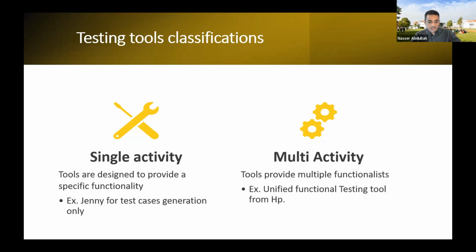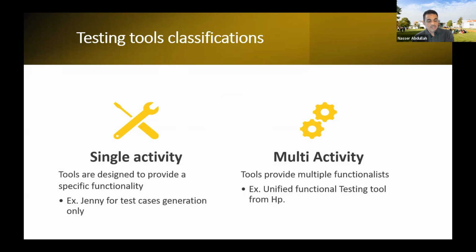For example, Unified Functional Testing, a very popular tool, is used for test management, for recording, for generating, and even for automation, executing the test cases. So this is multiple functions. We have single and we have multi. When you select your tools, you should be aware of this point.